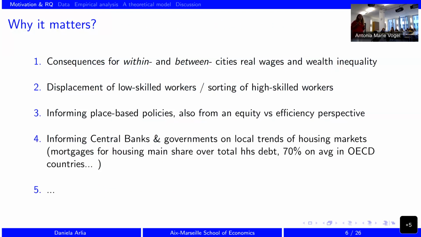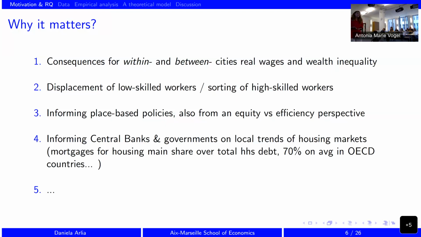Rising housing prices, especially at the bottom of the distribution, can create displacement of low-skilled workers outside of these cities, where, as mentioned, jobs and opportunities are mostly concentrated.